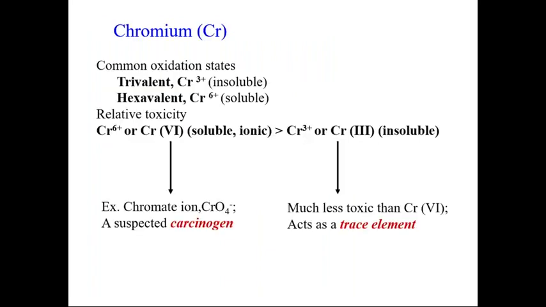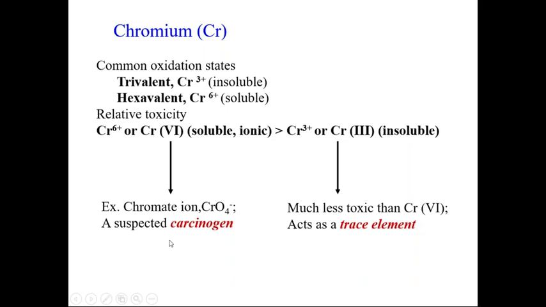Then you have chromium also, which is toxic. Chromium can exist either as trivalent chromium or as hexavalent chromium. So if you look at the toxicity, chromium is a toxin. So this is a suspected carcinogen in the 6th form, whereas the chromium 3, which is less toxic, actually acts as a trace element.